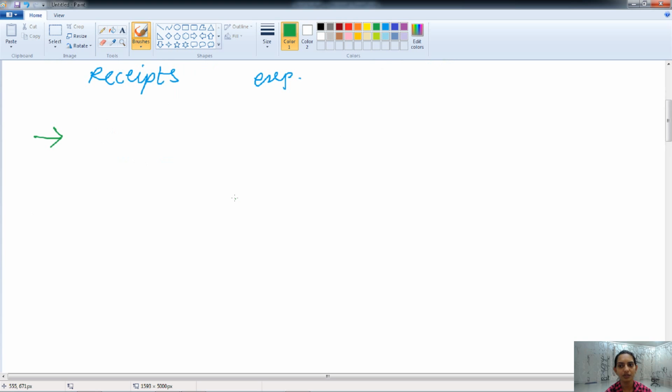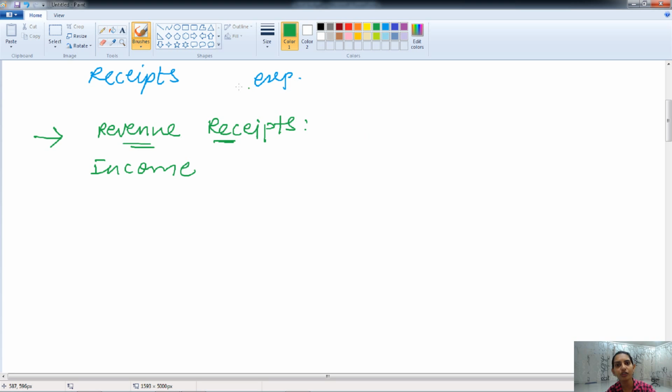Now let's first talk about the revenue receipts. Revenue receipts are the income received by the government from all the taxes and the non-tax incomes. So the total receipt of the revenue is known as the revenue receipt.